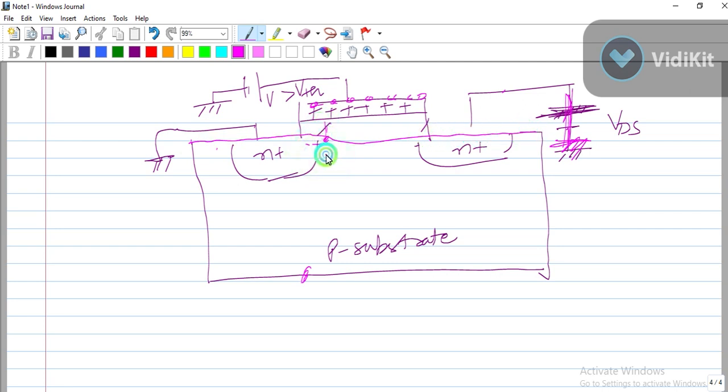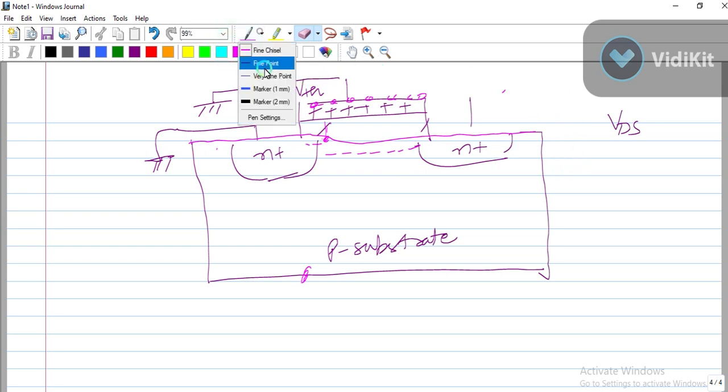There are electrons, and now I'm applying VDS voltage. This is the VDS voltage.